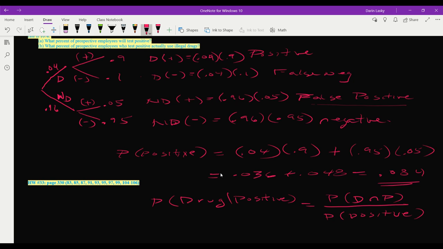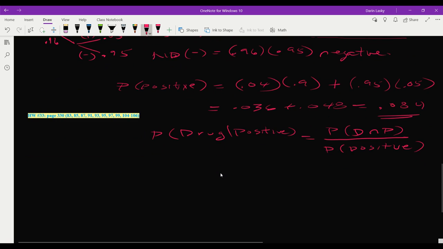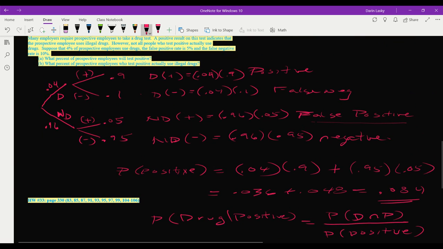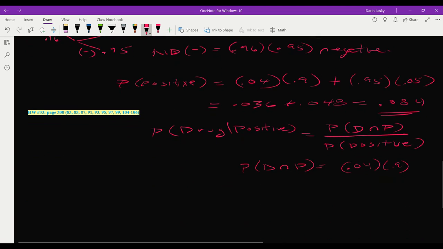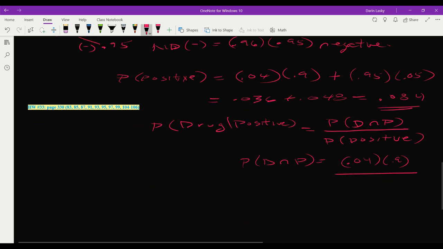So if we look at this, the probability that they took the drug and tested positive is equal to 0.04 times 0.9, which is that top one up here. And then we want that over the probability that they tested positive, which we already figured out, 0.084.